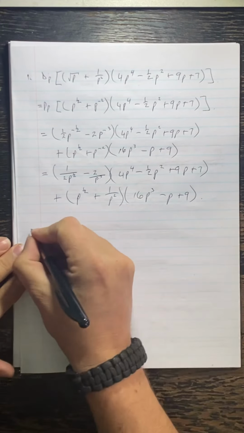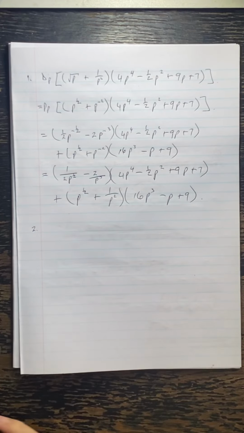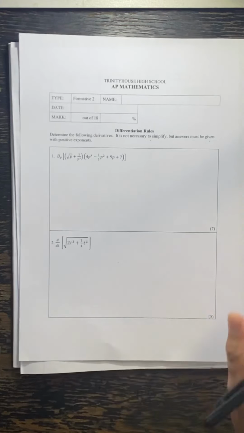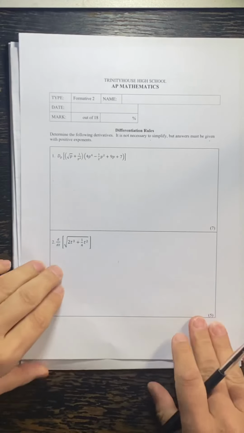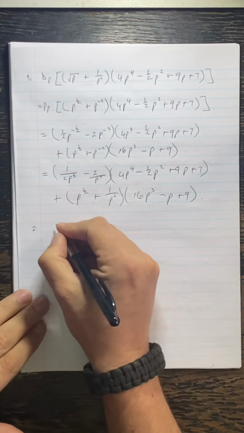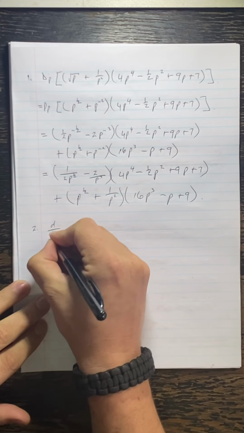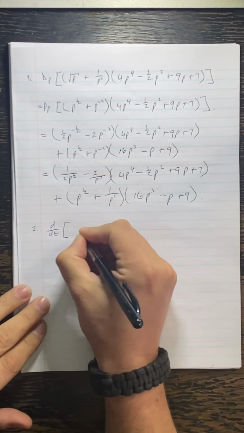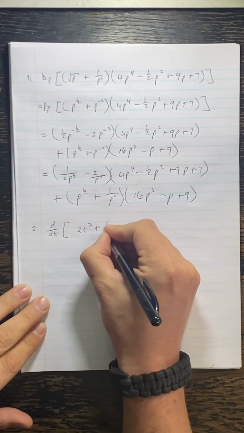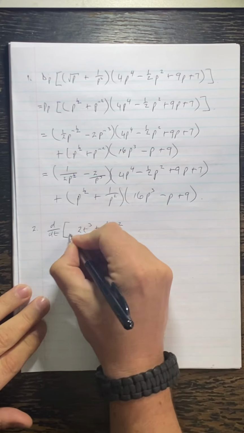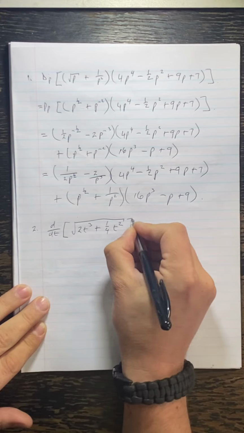All right, we're going on to number 2 now. Number 2 is just saying d by dt of that expression over there: d by dt of 2t cubed plus a quarter t squared, all in a square root.